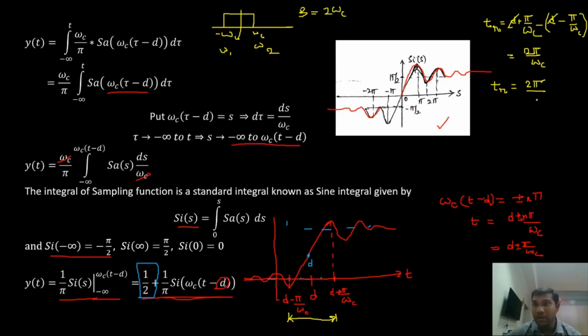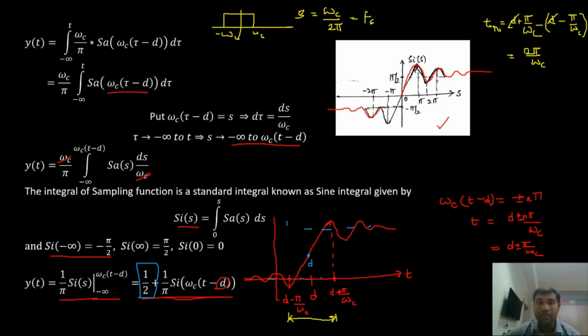Sorry, my bandwidth is going to be omega c divided by 2 pi, right? That is nothing but fc, right?